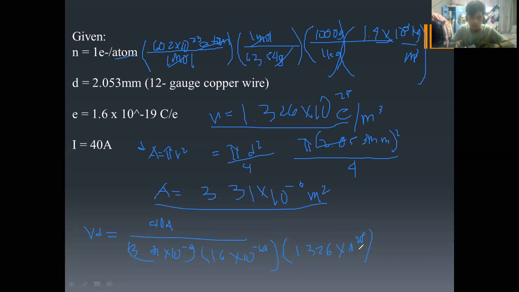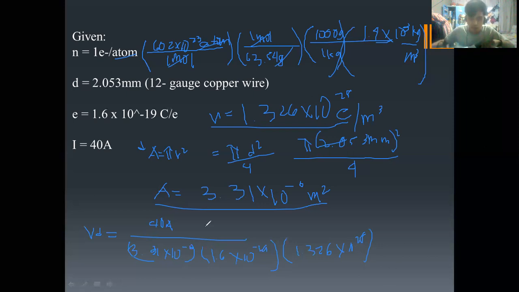Ano ang makukuha natin doon? 40 divided by 3.31 times 10 raised to negative 6, multiply by 1.6 times 10 raised to negative 19, times 1.326 times 10 raised to 28.